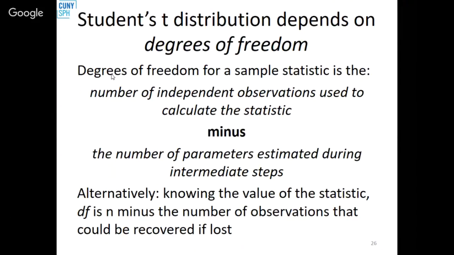If you knew the mean and the standard deviation of them, you would only need 2 of them, and there's only one value of that third one that could give you that same mean and standard deviation. And the number of parameters is just intermediate steps, so just either the mean or the standard deviation.